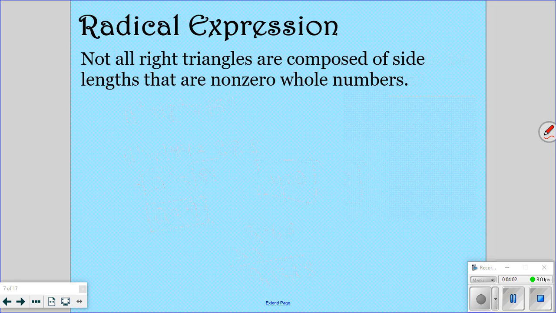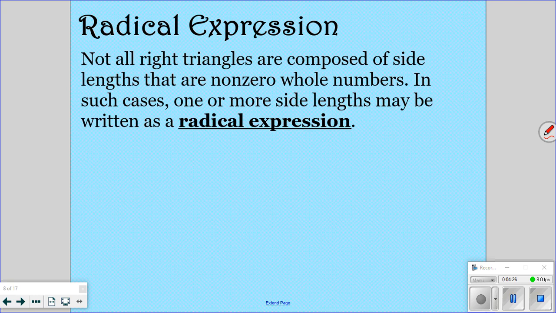Okay, now we're going to look at radical expressions. On our math knowledge questions a couple of times, we have simplified radicals, and we're going to be doing that in this lesson. And from this point on, for the rest of the year, if you have a radical, you need to make sure that it is simplified. Sometimes we're going to have right triangles where the side lengths are not all whole numbers.